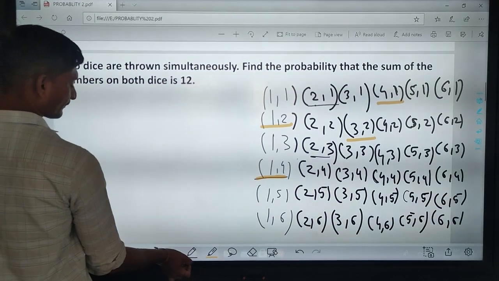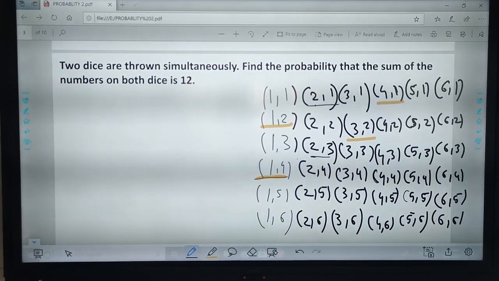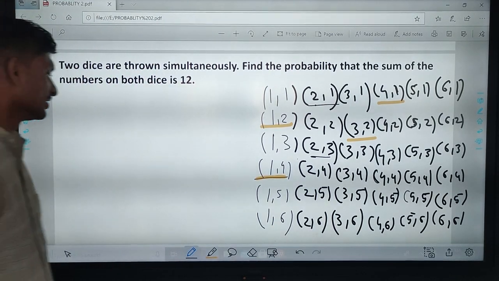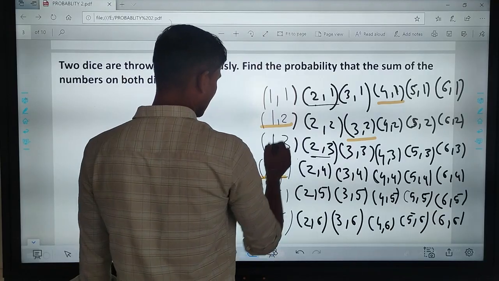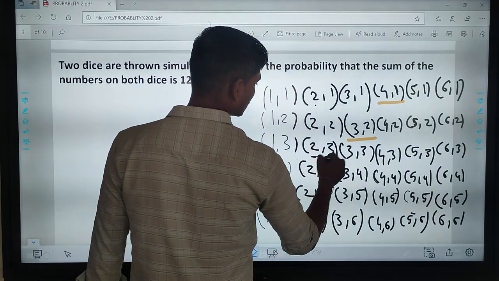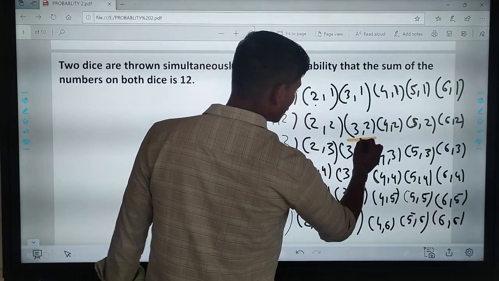This is simple. Two dice are thrown simultaneously. Find the probability that the sum of the numbers on both dice is 12. Now here we find the numbers whose sum is 12.